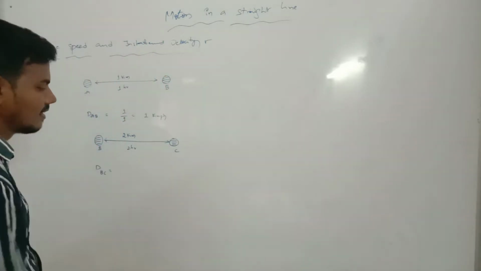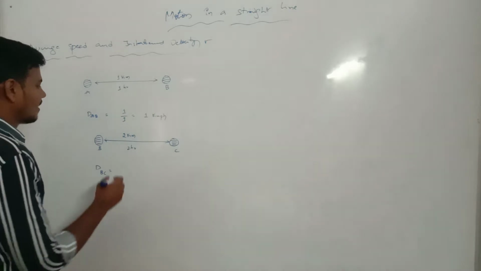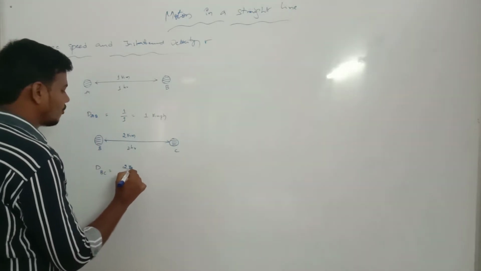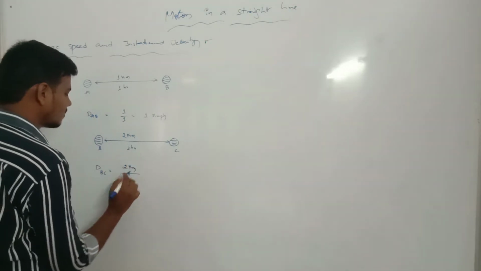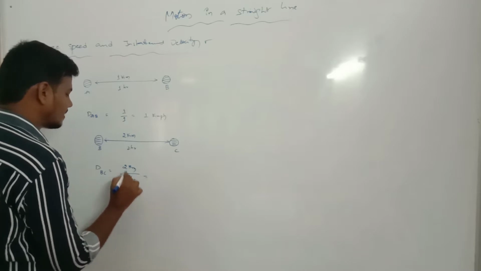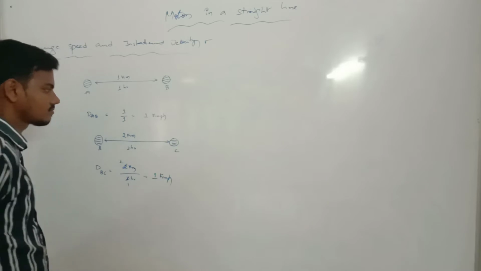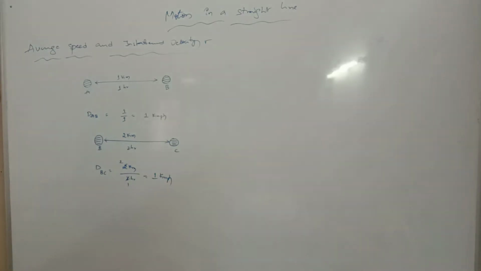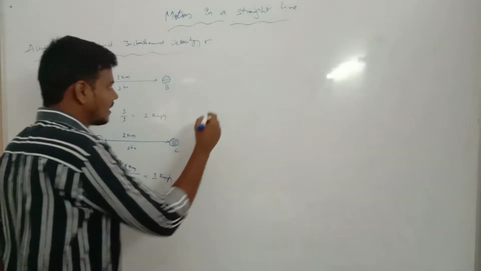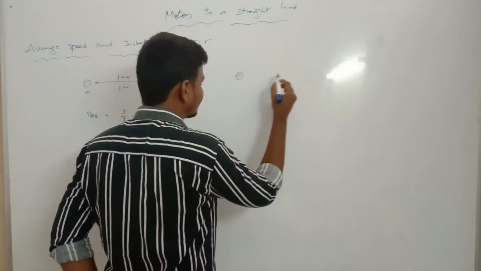So 2 kilometers by 2 hours, 2 ones are 2, 2 twos are 4, we get 1 kilometer per hour.